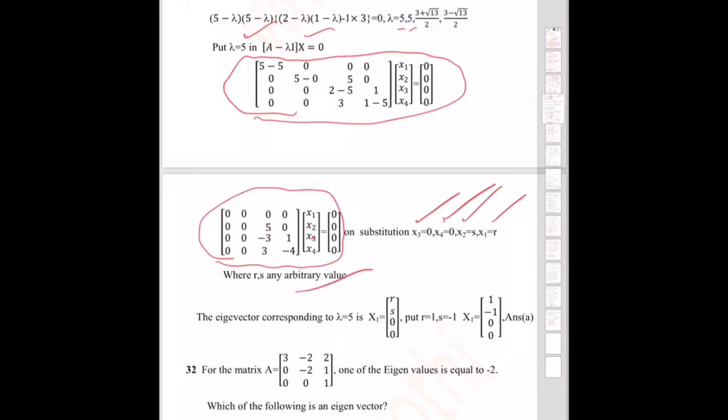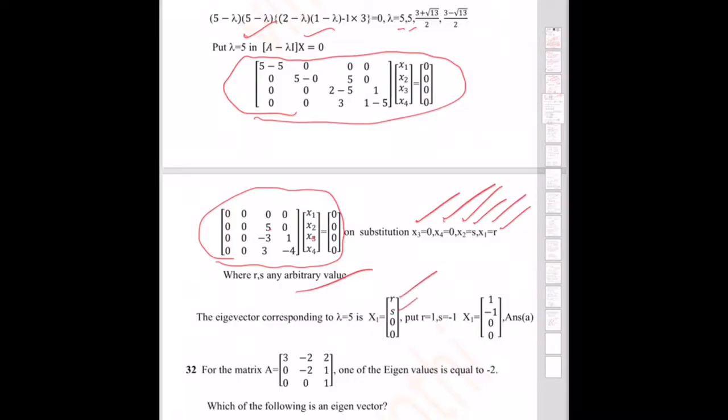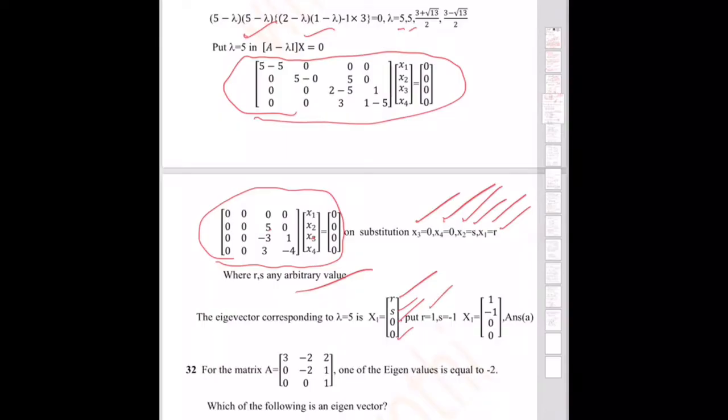Then the eigenvector corresponding to lambda equal to 5 is x1 equal to r, x2 equal to s, x3 equal to 0, x4 equal to 0. Put r equal to 1 and s equal to minus 1 in this equation.